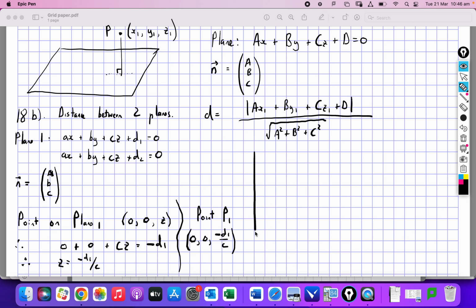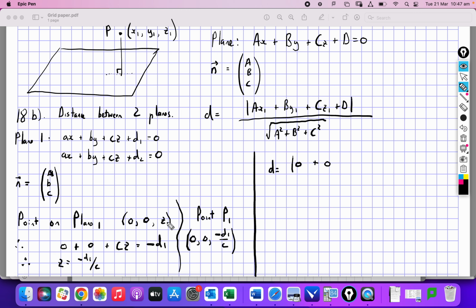Now we're ready to go to our distance formula. So we'll get distance equals a times 0. I'm doing the a times the x1, but the x1 is 0, so that will be 0, plus b, lowercase b, times the y coordinate there, 0, so that's another 0.